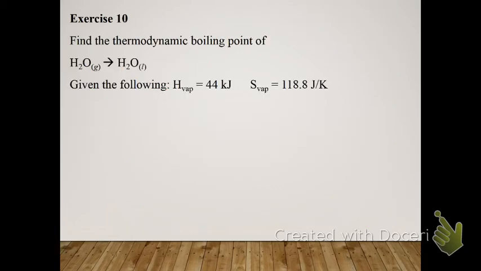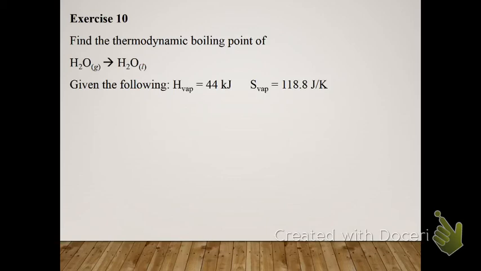That brings us to exercise 10, which I believe might be the last thing. There's some stuff on there that I didn't put in the last slide because you know how to read. So let's do this one. It says find the thermodynamic boiling point of H2O going from gas to liquid, and it gave us our heat of vaporization and our entropy of vaporization, both being positive numbers.